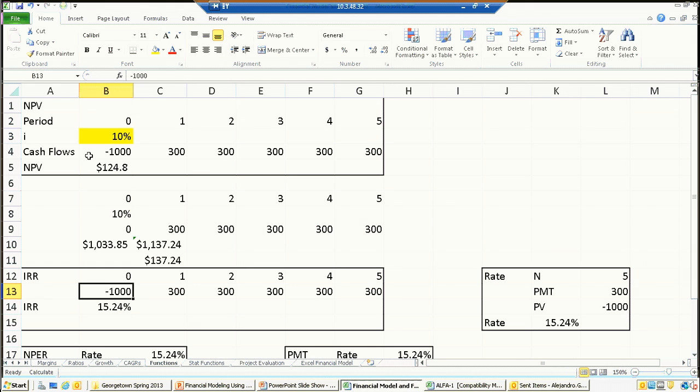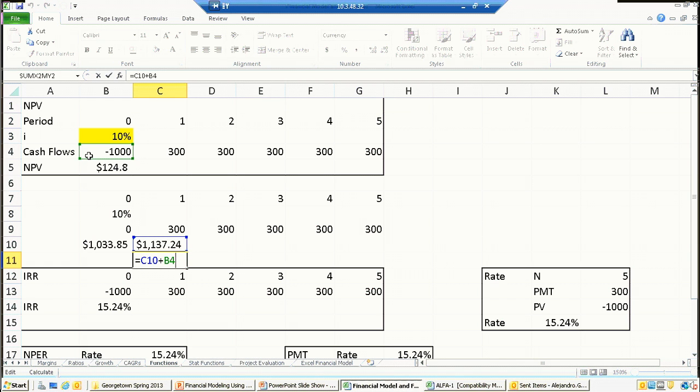Are you starting your project today, and today is your point zero, or you're starting your project a period from now? So how do we do that in Excel to make sure we're all matching up the periods when the payment starts? Because I'm still getting different answers when I type out the way we were talking about. I'm getting like 137 instead of 124.